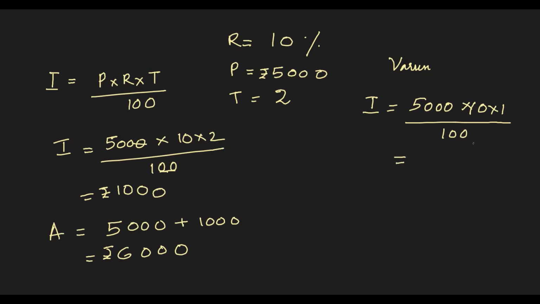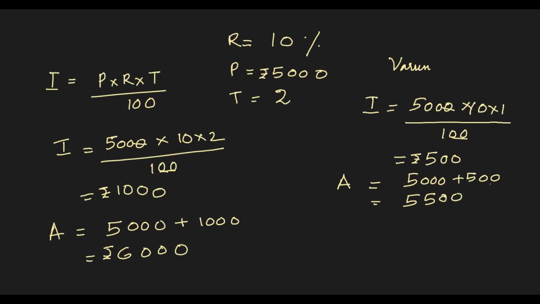That is, 0, 0 cancels, 50 into 10. That is rupees 500 as interest. Now, how much amount does he get after 1 year? That is 5,000 plus 500 interest, that is 5,500. After 1 year, he got 5,500.